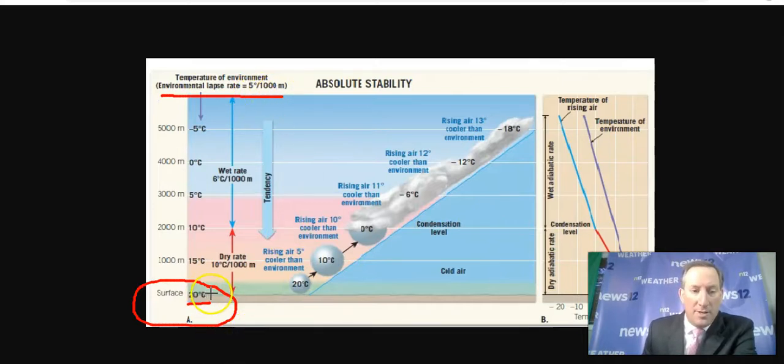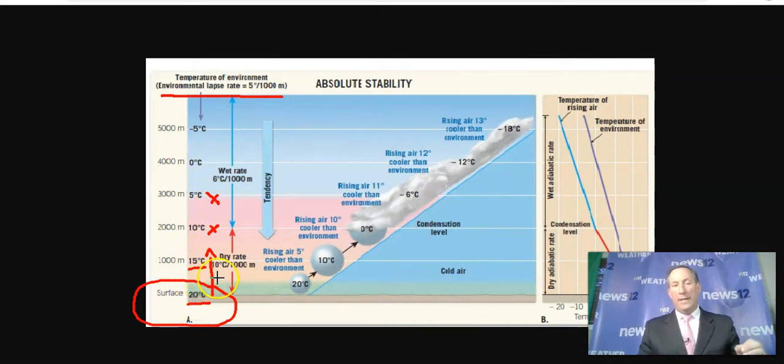So what does it tell us? Well, for every 1,000 meters we go up in the atmosphere, the temperature will drop by 5 degrees Celsius. And you can see that going up: 10 degrees Celsius here, 5 degrees Celsius here, 0 to -5. So in this particular case, the environmental lapse rate of 5 degrees Celsius per 1,000 meters is telling us the rate of cooling in the atmosphere.